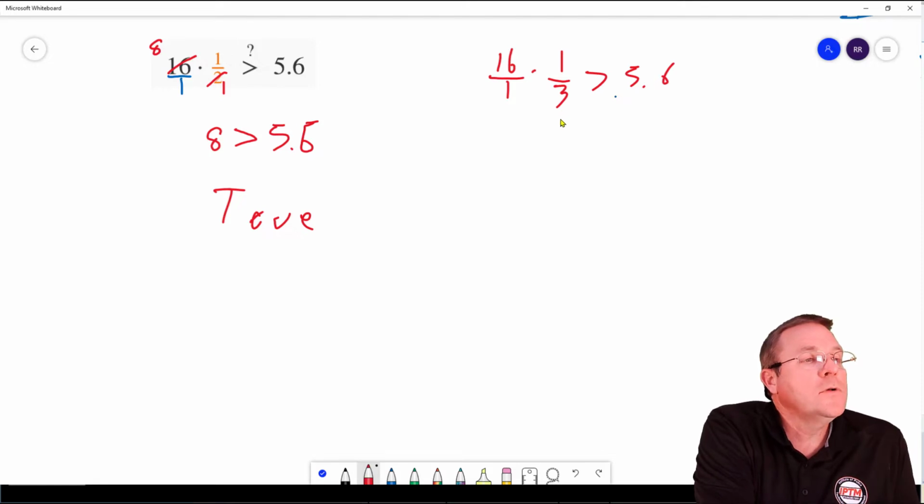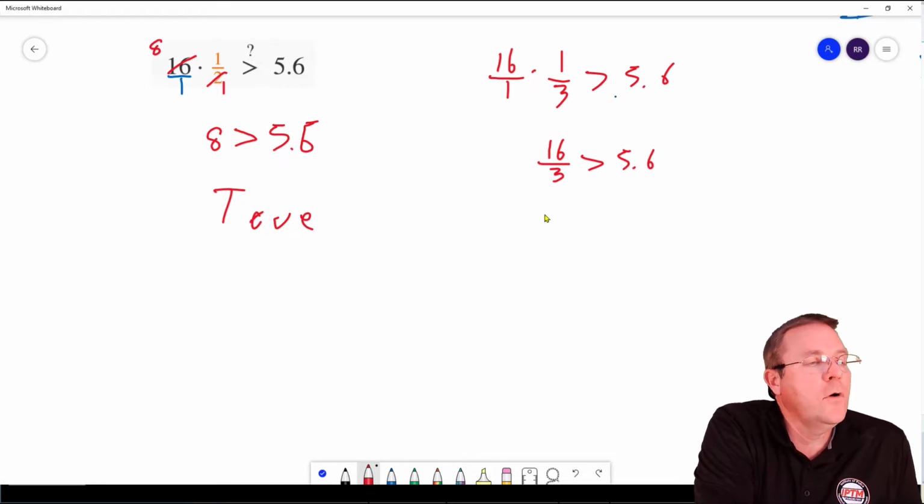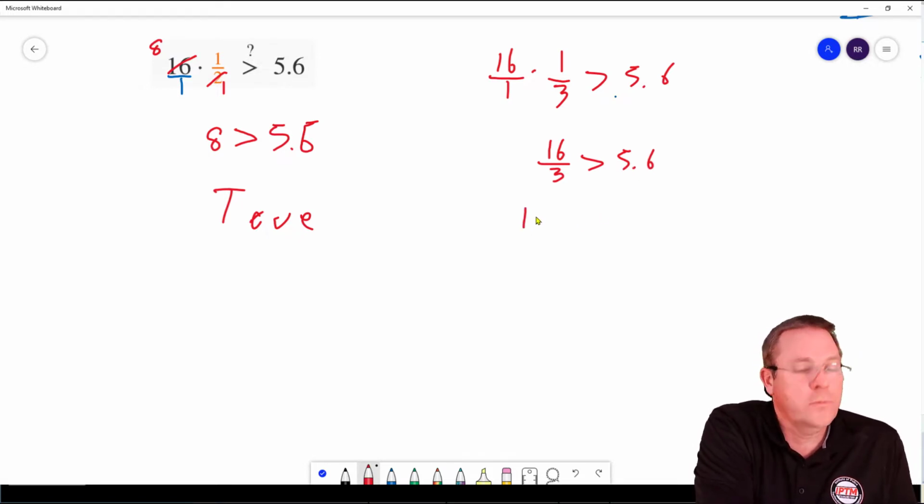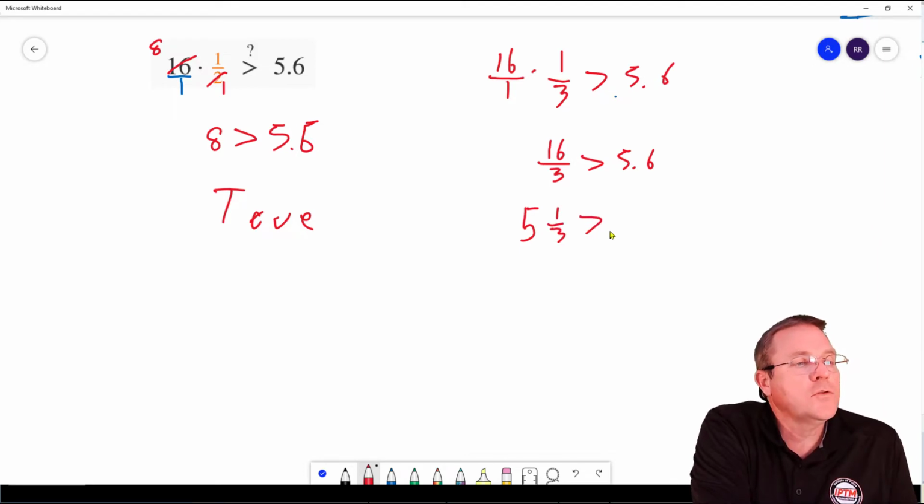And then we're going to multiply. That's going to end up giving me 16 over 3 is greater than 5.6, also known as 5 and 1/3 is greater than 5.6. Well, 1/3 would be the same thing as 5.333 and so on.